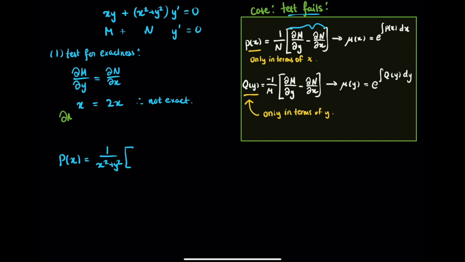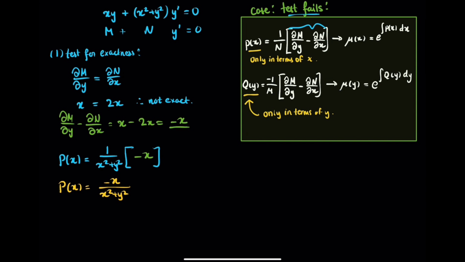Partial derivative of M with respect to y minus partial derivative of N with respect to x. So M y is x, minus N x is 2x. So then this is minus x. So this is minus x. Okay, and then what we can do is rewrite this. P of x is minus x over x squared plus y squared.